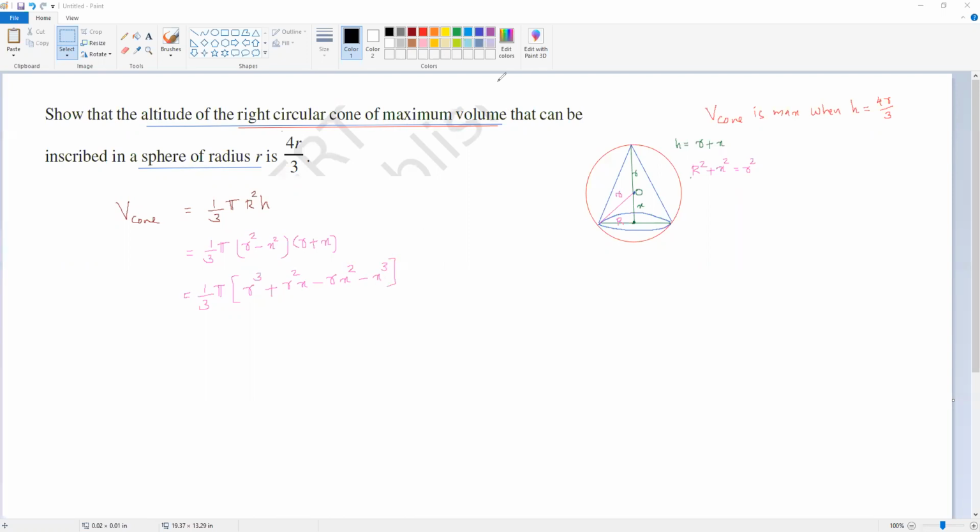Now we have to find the derivative dV by dx. 1/3 pi is constant, r cube is constant so its derivative is 0, then r square is constant into derivative of x, which is 1, minus r into derivative of x square, which is 2x, minus x cube whose derivative is 3x square.